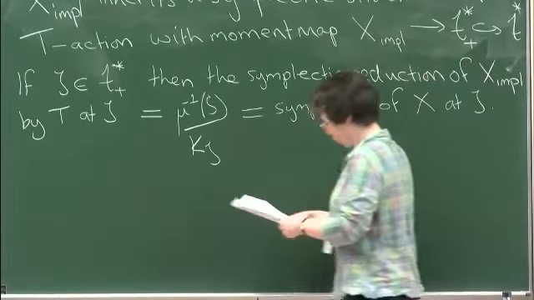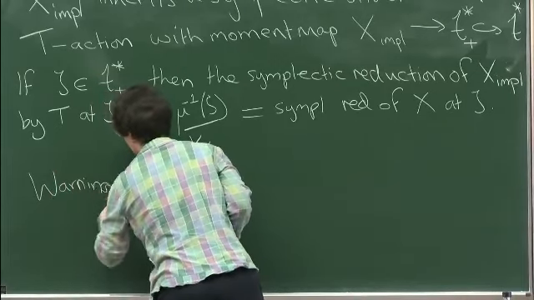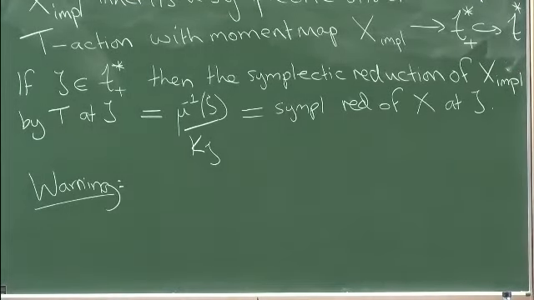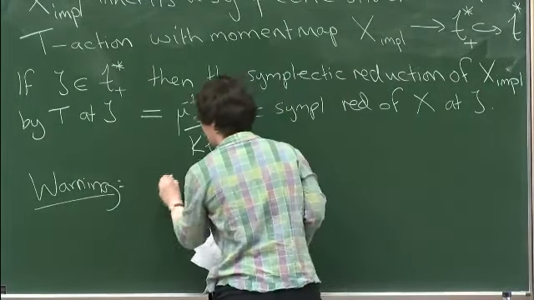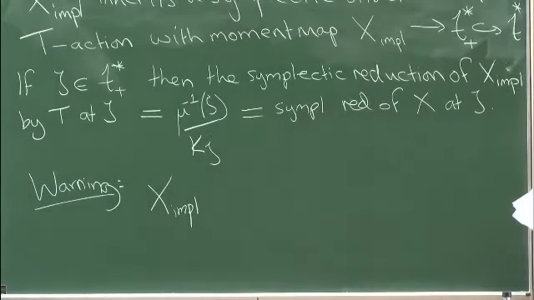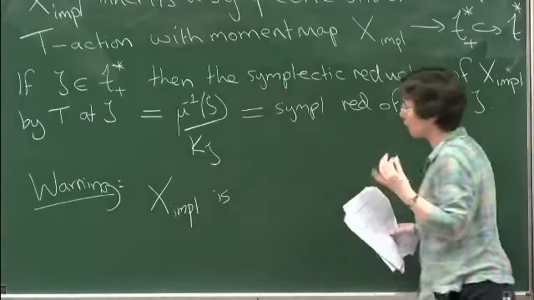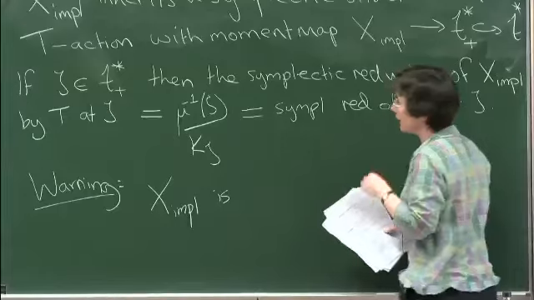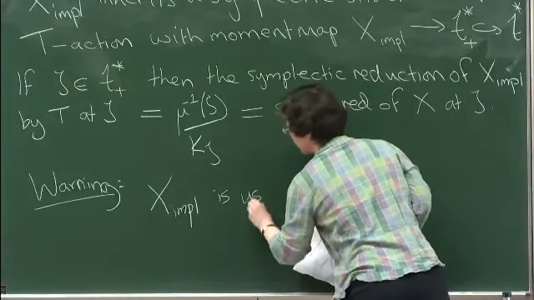So in some sense we've reduced the non-abelian group action to an abelian group action, but there's an important warning here. Abelian actions are obviously easier to understand in lots of ways, but we've lost something here in that the imploded cross-section in almost all cases is actually singular, and quite nastily singular. So although we've got rid of the non-abelian group action, we've got some nasty singularities to deal with.